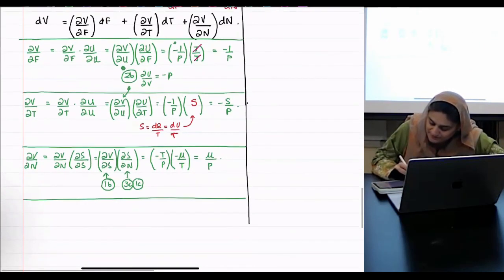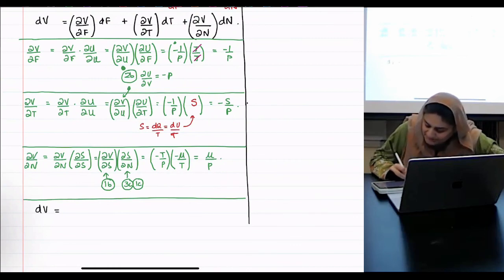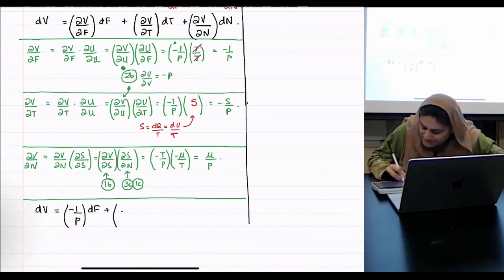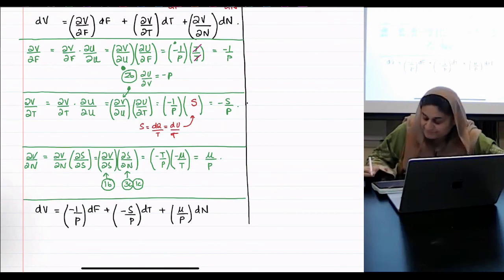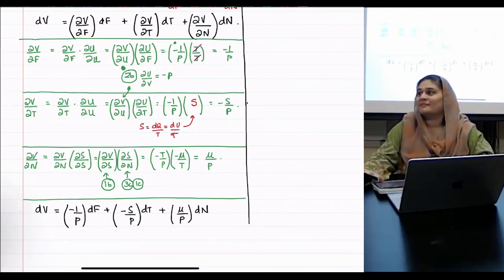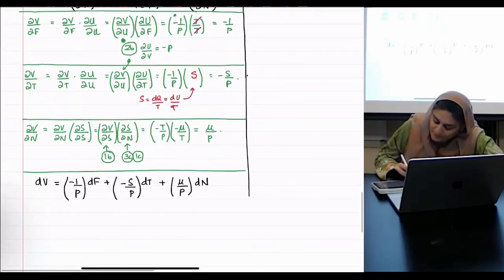And then I can plug all of these into the above equation to give me dV equals negative 1 over P dF plus negative S over P dT plus mu over P dN. All of these terms are being divided by P. May I move that to the other side? What will I get?